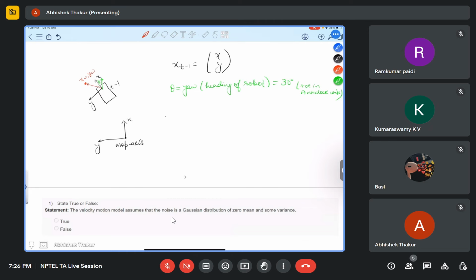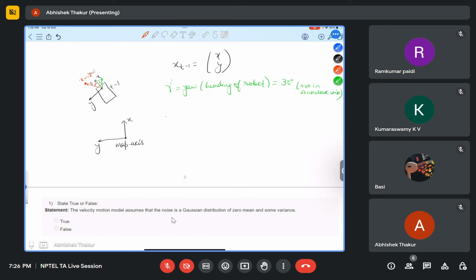So for moving in this direction, first of all, take yaw as gamma, and this is the theta.